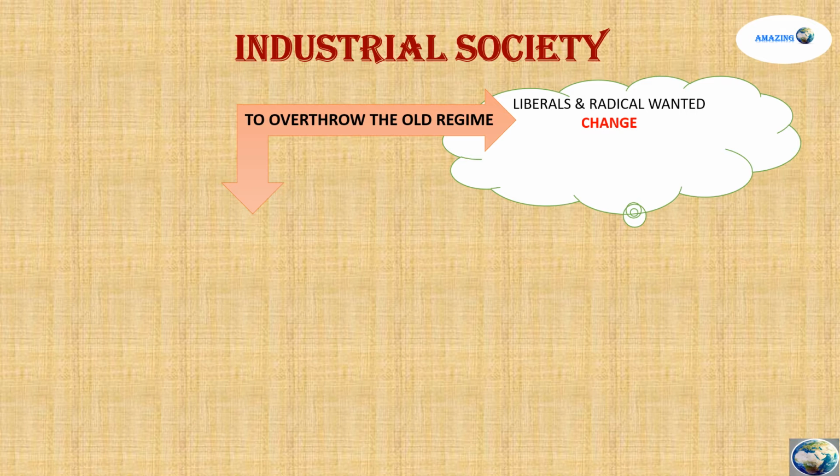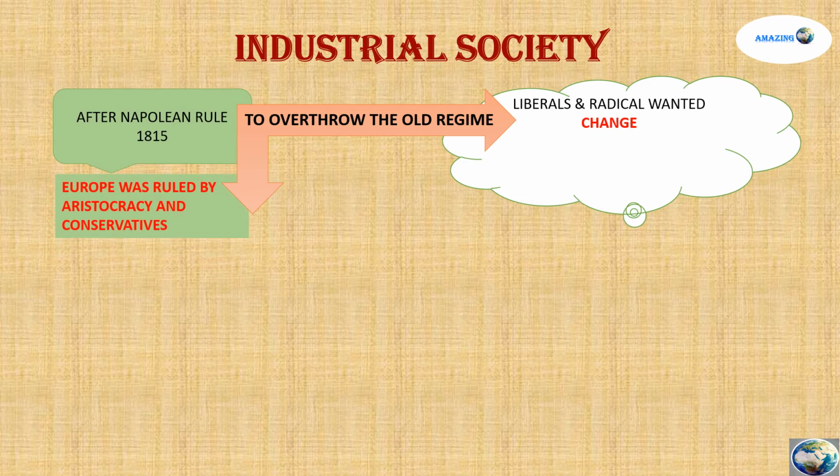The reason for them to overthrow the old regime was mainly because during Napoleon's rule and after that, Europe was ruled by autocracy and conservative governments. They wanted to bring an end to this because they believed that the old regime restricted individual freedom, and they wanted individual efforts to be encouraged, which would help society to develop.